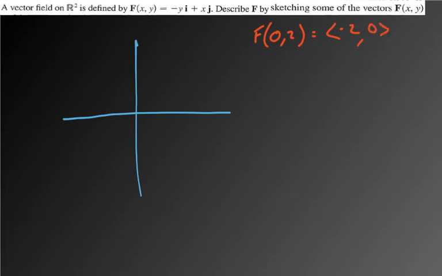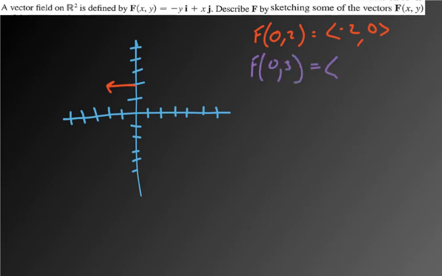Let me tick off some points here. At 0, 2, it's going to look like this, pointing right about there. If you did 0, 3, you're going to get negative 3, 0. So up here, it's a little bit bigger, something like that.